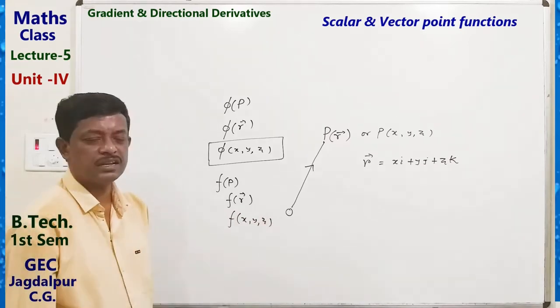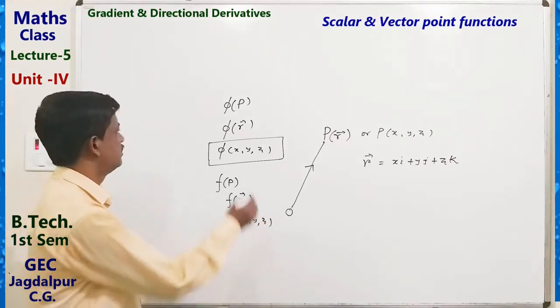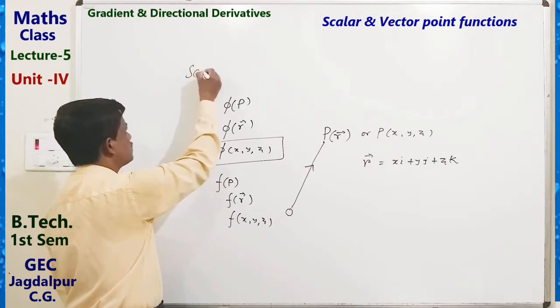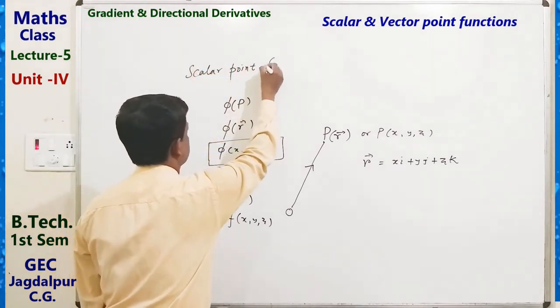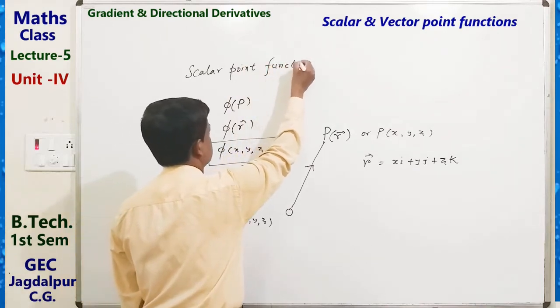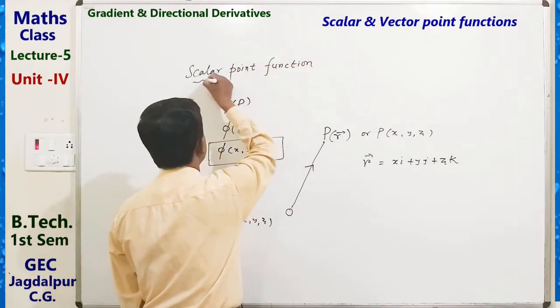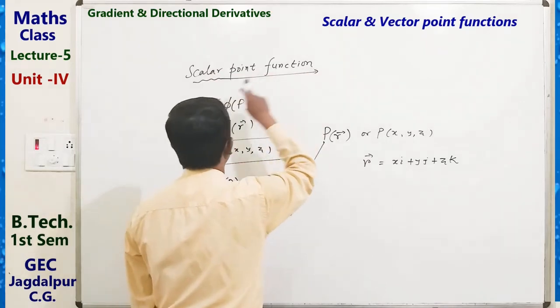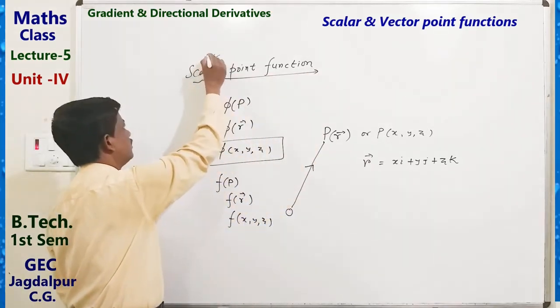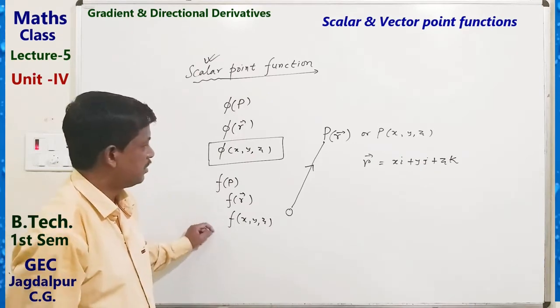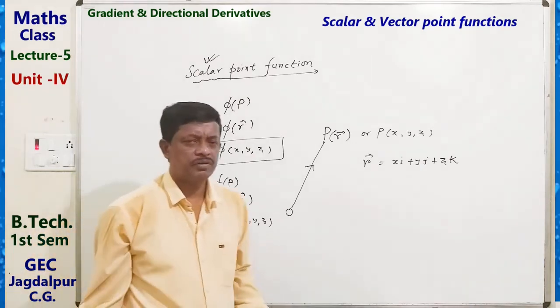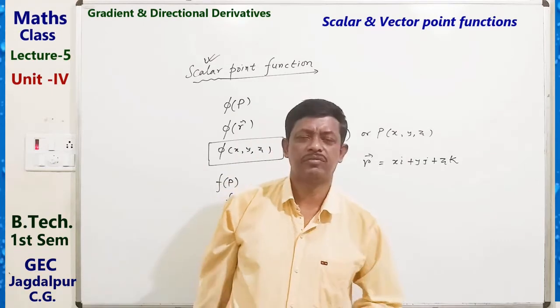A scalar has no direction. Now a similar definition can be given for a vector point function.